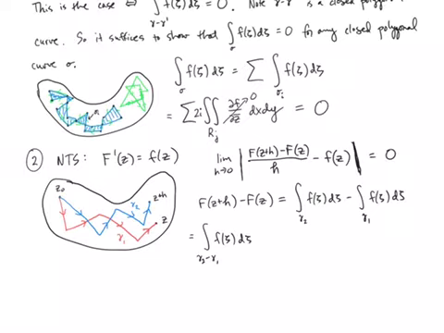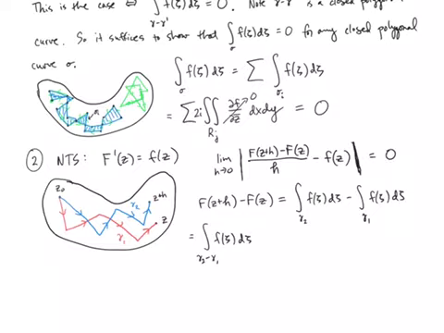And gamma 2 minus gamma 1, right, so the way we can think of that is we can think of minus gamma 1 followed up by gamma 2. So let me now, in the picture, draw that.